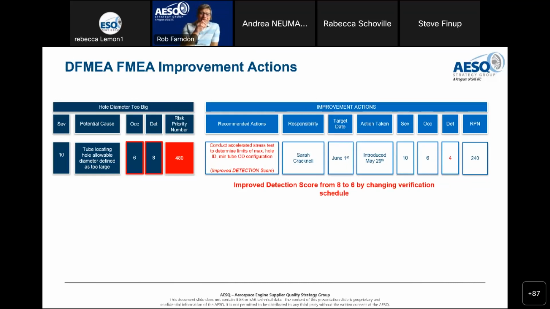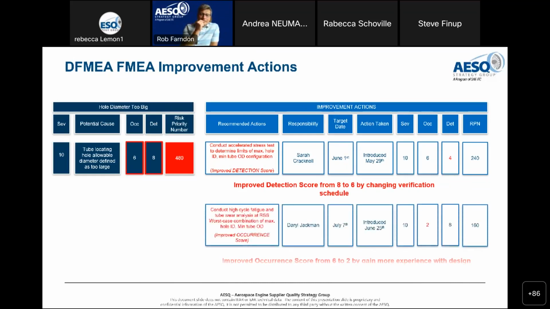By changing the verification schedule, I've pulled forward a testing. Okay. Accelerated testing. In the next example, if you click for me again, thank you. Here I've improved my occurrence score from 6 to 2 by gaining more experience within design. And I've done that by doing some tube wear analysis, high cycle fatigue analysis to make sure that everything's good.